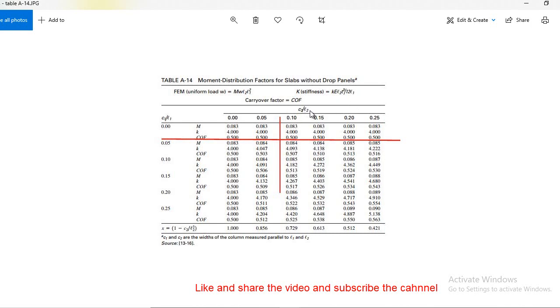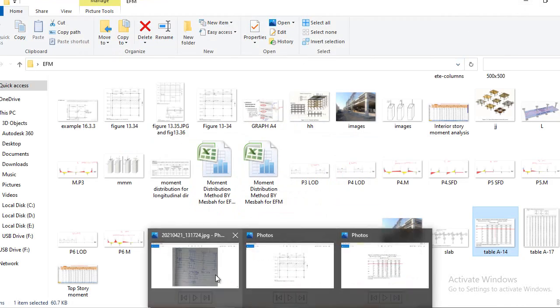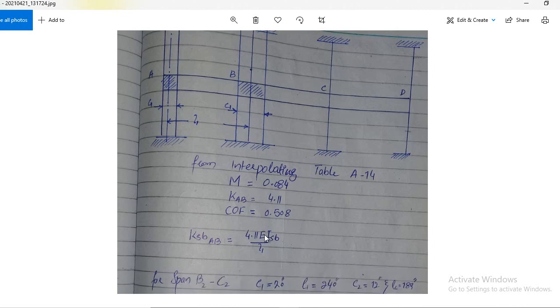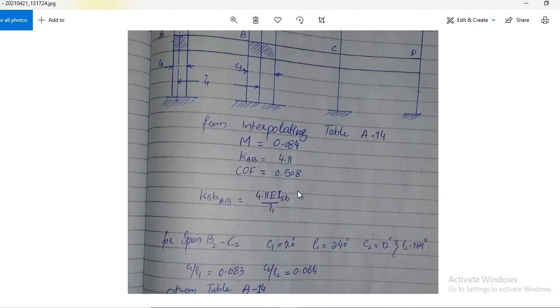And you have to find the C2/L2 ratio and C1/L1 ratio, just pick the value from this table and plug that K value here, you will get your Ksb. Clear? And they basically interpolated all these values. So watch lecture number 5, 6, I think so, where I explain the whole procedure.